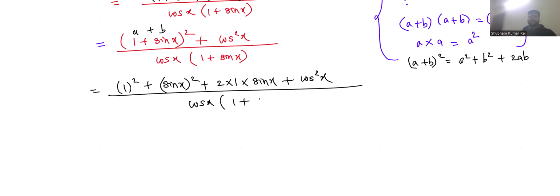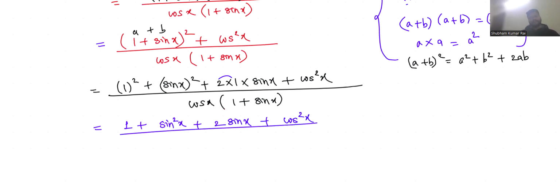So this is the important formula that we have right now. If I solve it further, 1 square is 1 only, and sin x square will be sin square x, plus 2 into 1 into sin x, so 2 sin x, plus cos square x, whole divided by cos x (1 plus sin x).